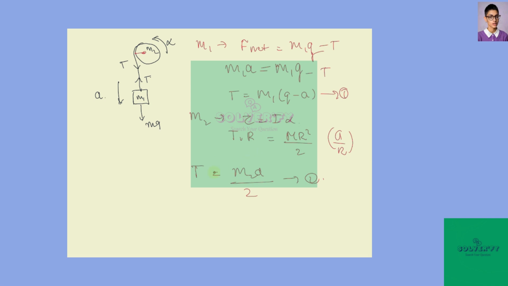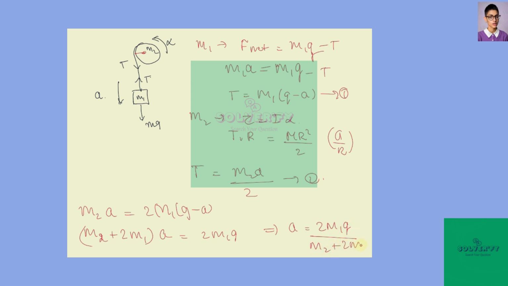Now we can equate both sides. So m2 into a will be equal to 2 into m1 into (g minus a). So we have (m2 plus 2 m1) into a, which is equal to 2 m1 g. So the linear acceleration will be equal to 2 m1 g divided by (m2 plus 2 m1).